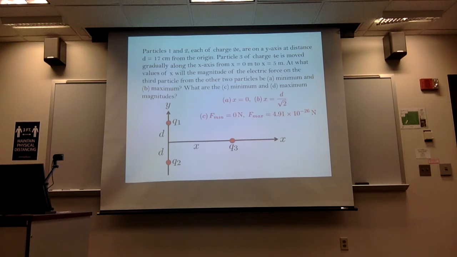Take the derivative of that, which equals 0. So anything that's a constant, you can just divide both sides by. So you get rid of the e squared or pi epsilon. That's what we get: the derivative of x over x squared plus d squared to the 3/2.